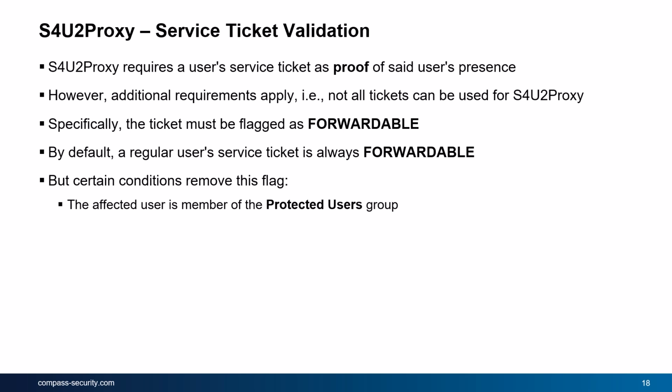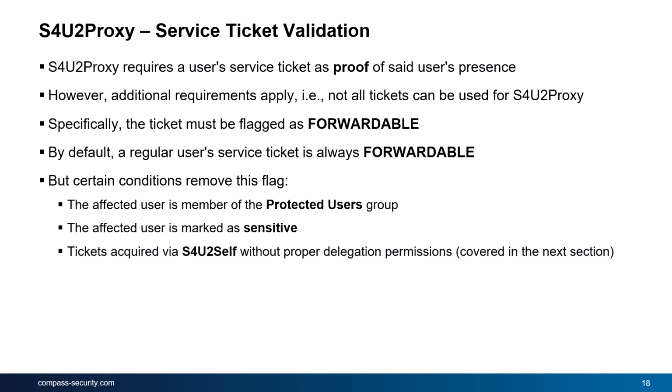Among these protection mechanisms, one thing is that Kerberos delegation is disabled. And the way it is disabled is simply that the forwardable flag is removed from the user's service ticket. The same thing happens as well if the user is marked as sensitive. So for a user marked as sensitive, the forwardable flag will also be removed.